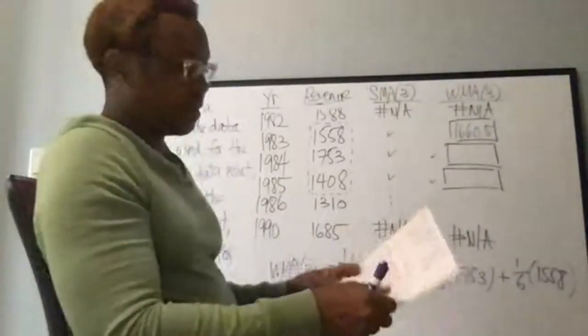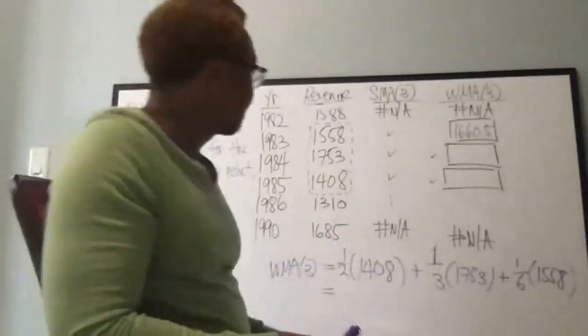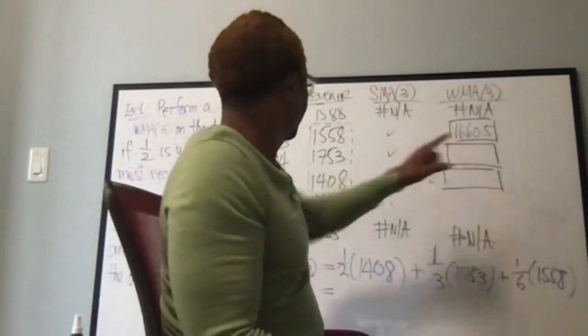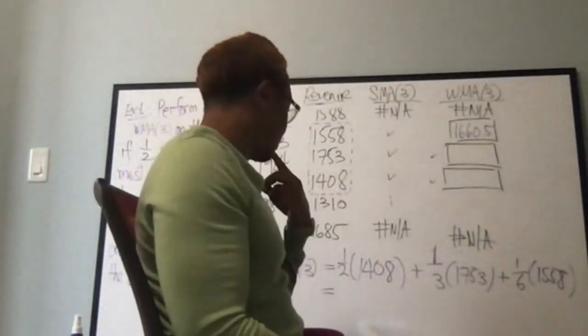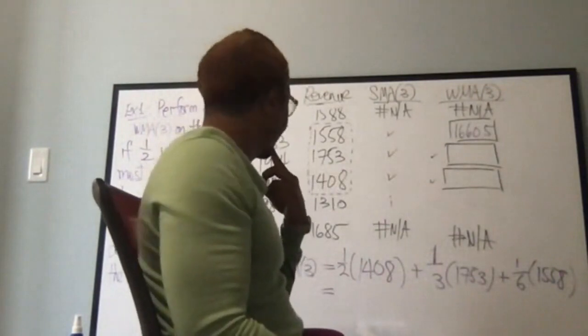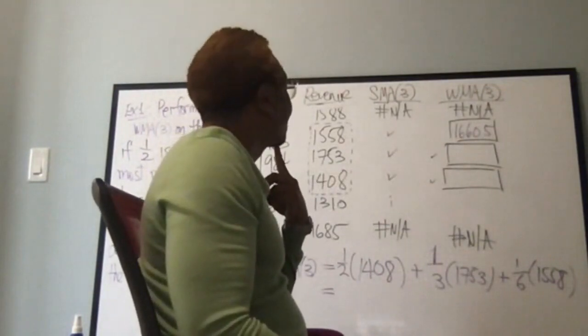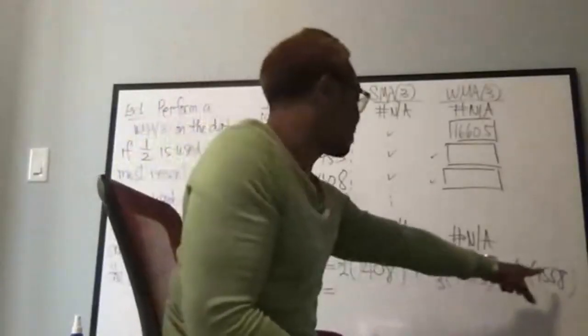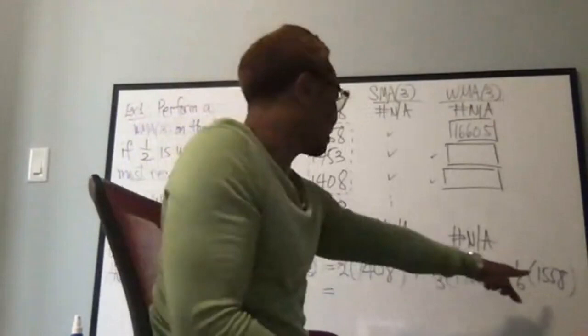Okay, let's see. Faith, did you get anything for this one right here? When you did it, what did you get for that one? I didn't get anything for that. I'm a little lost. Okay, are you understanding where it's coming from? Do you understand where this comes from in the grand scheme of things?